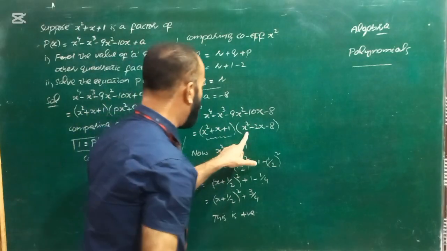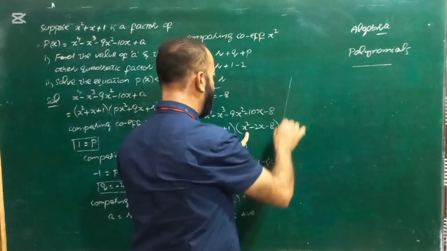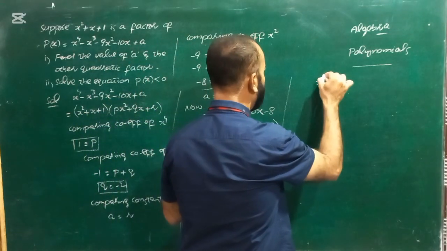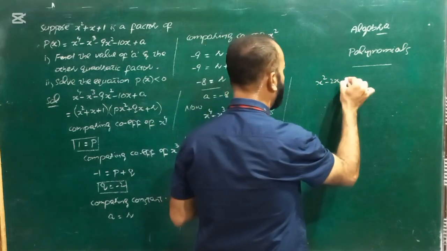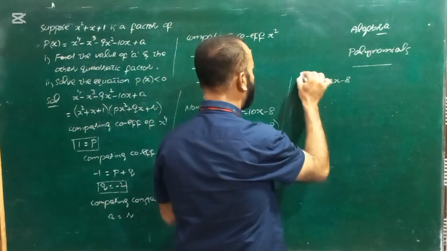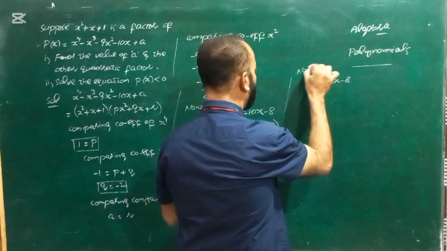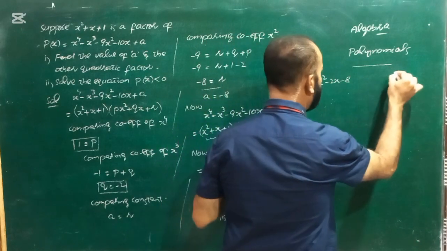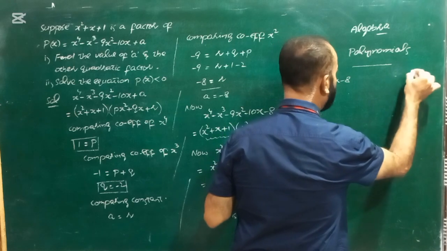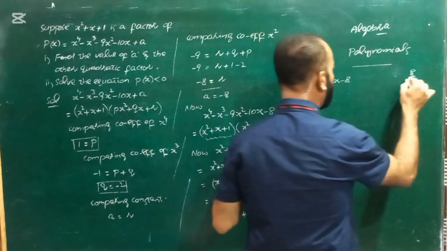Okay, now we will solve it. x square minus 2x minus 8. Okay, multiply the coefficient of the first one with the last one. So it is 8. The central coefficient is 2.